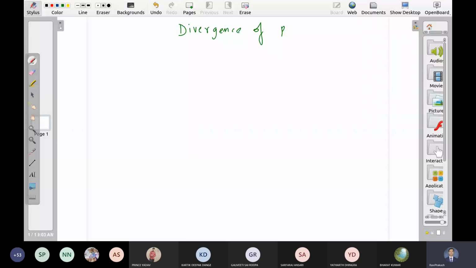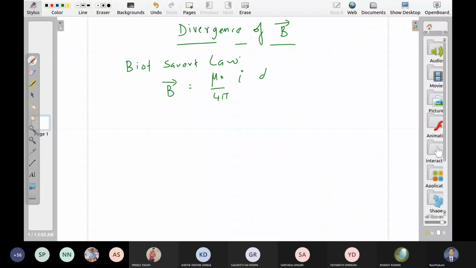So we know from the Biot-Savart law that the magnetic field can be written as some current I, dl cross r cap upon r square, right?